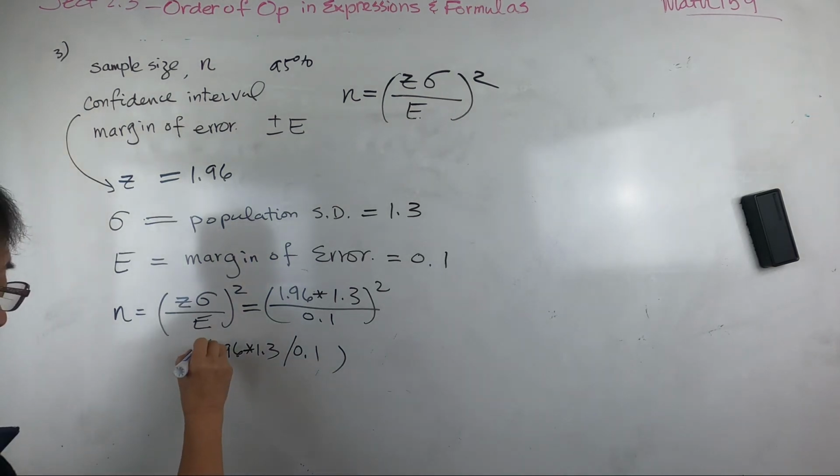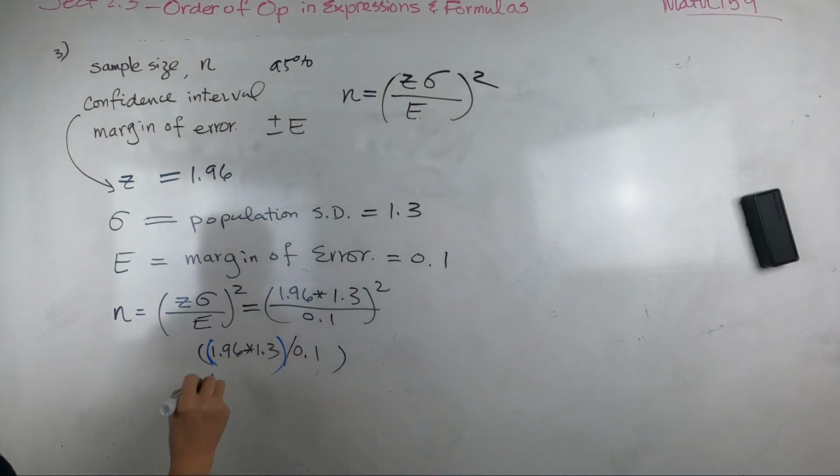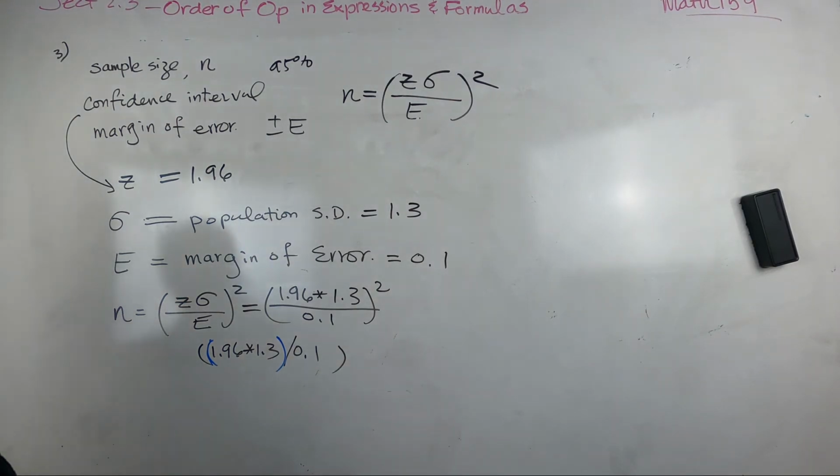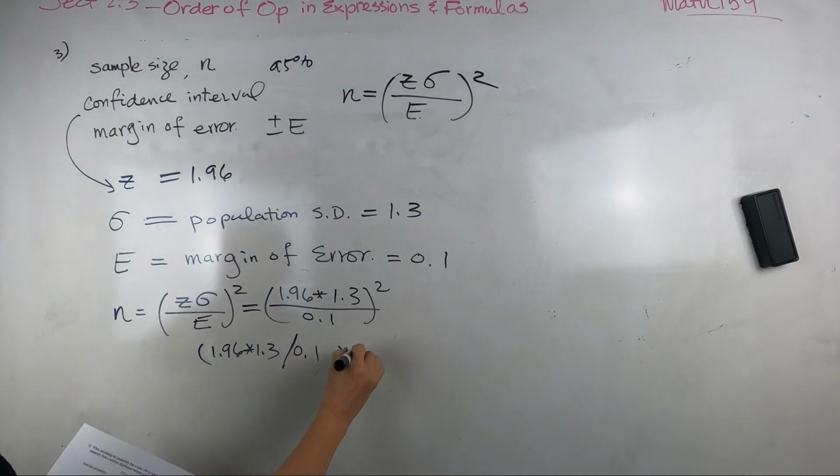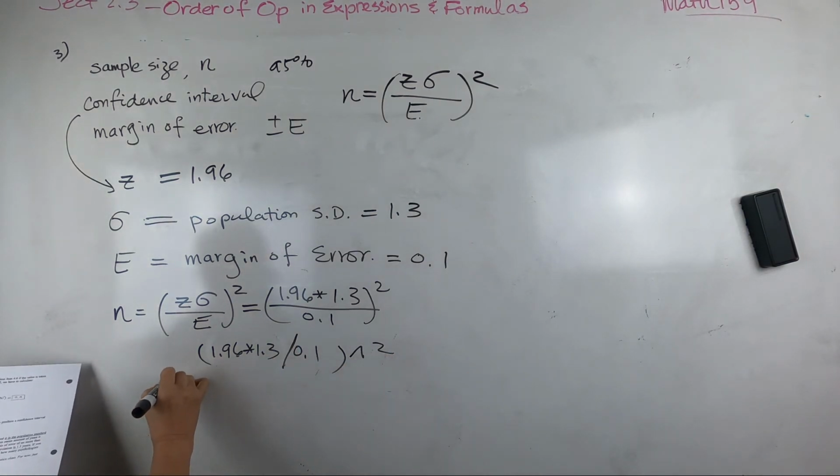If you don't, that's fine too, because you do it left to right, so you will cover the group already. Either way will be fine. So you don't need this. You just multiply and divide, and to take the square, you use the power, the squared key. Then what do we have?